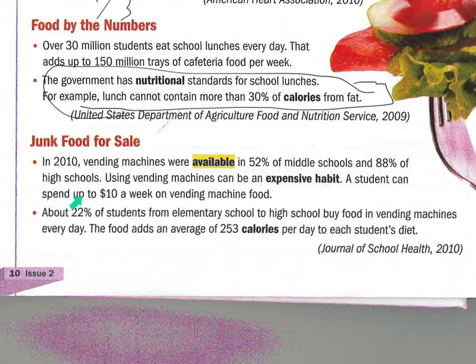A student can spend up to $10 a week on vending machine food. About 22% of students from elementary school to high school buy food in vending machines every day. The food adds an average of 253 calories per day to each student's diet. Journal of School Health, 2010. Okay.